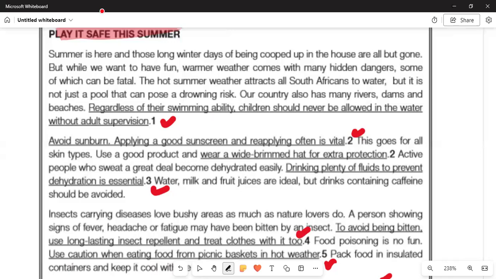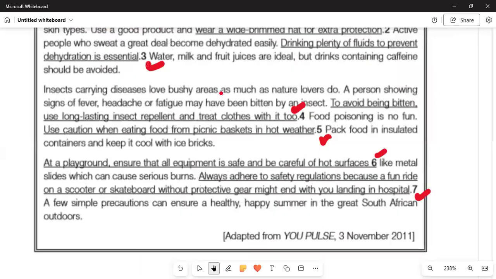Avoid sunburn, and a child becomes dehydrated easily. So drinking plenty of water or fluids to prevent dehydration is essential. Water, milk, and fruit juices are ideal, but drinks containing caffeine should be avoided. If we are moving on again, we can see that insects carrying disease love bushy areas, and a headache or fatigue may mean you have been bitten by an insect.